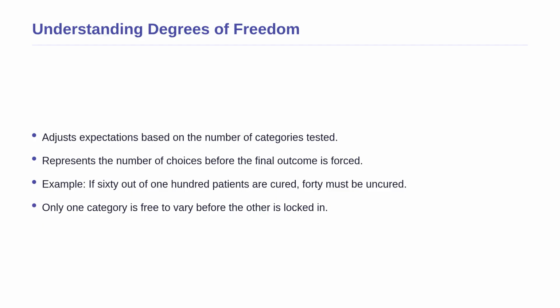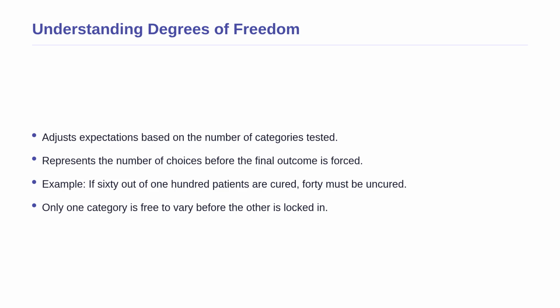Before we can interpret that final chi-square score, we must understand a crucial concept called degrees of freedom. Think of degrees of freedom like the number of choices you have before the final outcome is mathematically forced. For example, if you know you have 100 total patients, divided into two categories, cured and not cured, and I tell you 60 were cured, you automatically know that 40 were not cured.